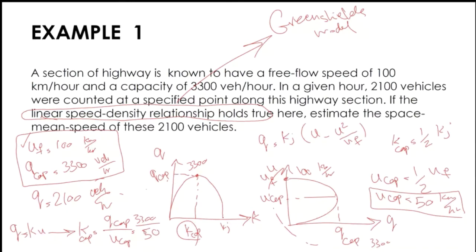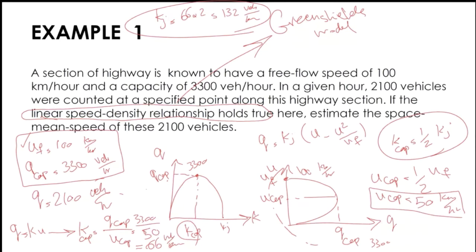And if I calculate that, K cap would be equal to 66 vehicle per kilometer. So that's my K cap. And because K cap is equal to half of Kj in this case, Kj would be 66 multiplied by 2. It would be 132 vehicle per kilometer. So I found jam density.